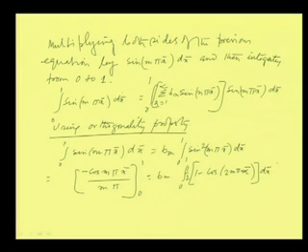The integral of this is b m by 2 into x bar minus sin of twice m pi x bar by twice m pi, from 0 to 1.